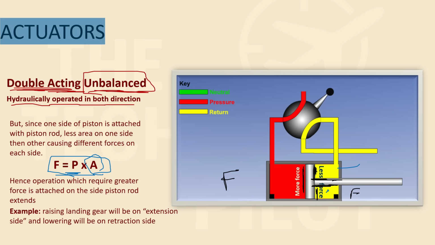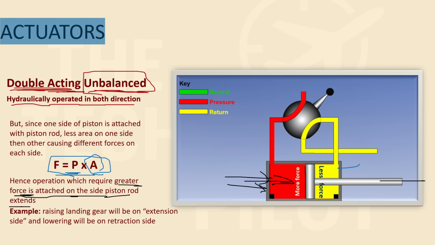So what is the purpose of understanding this? The services that require greater force are attached on the side of the piston rod that extends. See, on this side you have a greater area and you have greater force, right? So you'll be able to apply more force on this side.